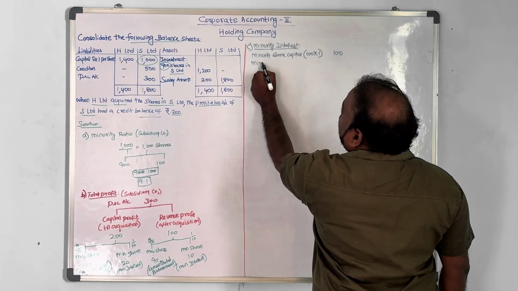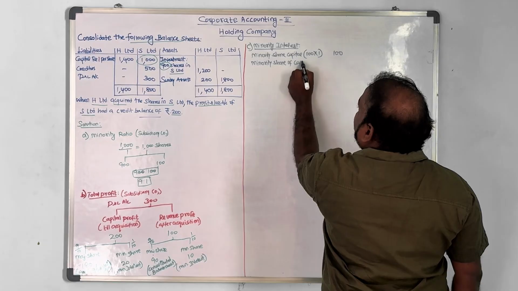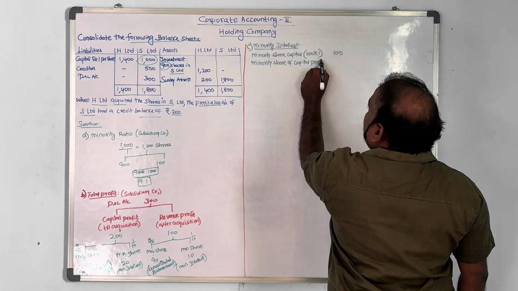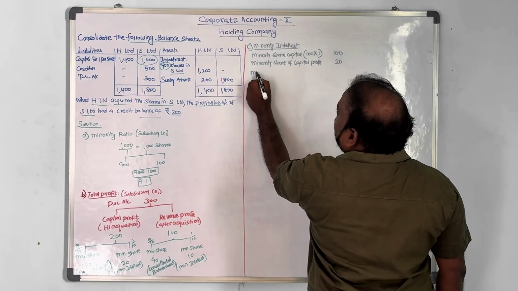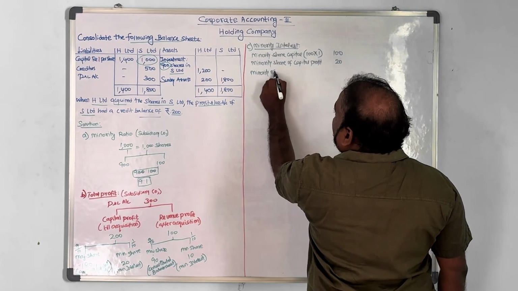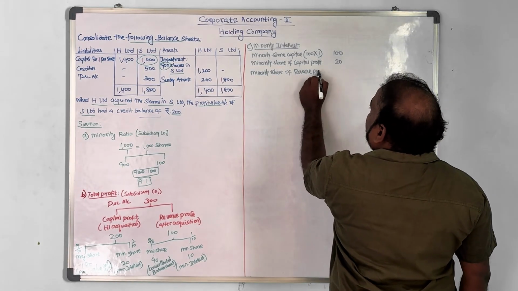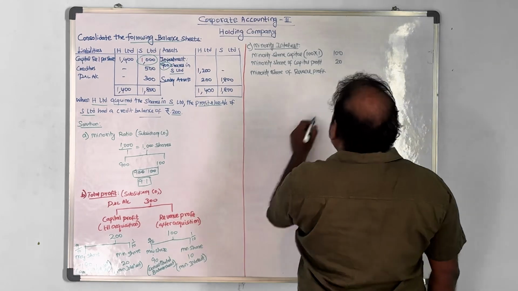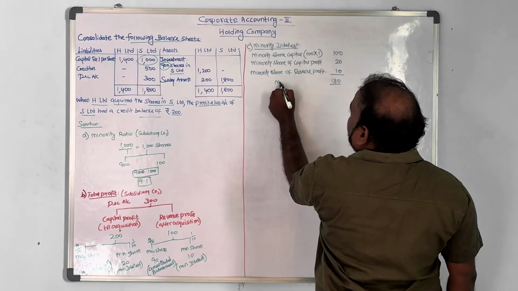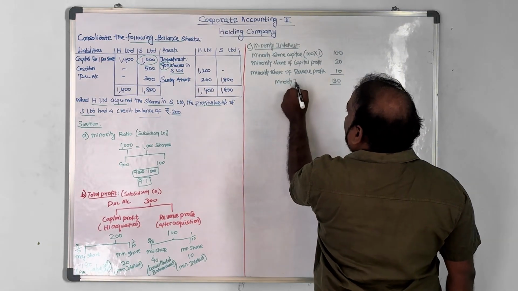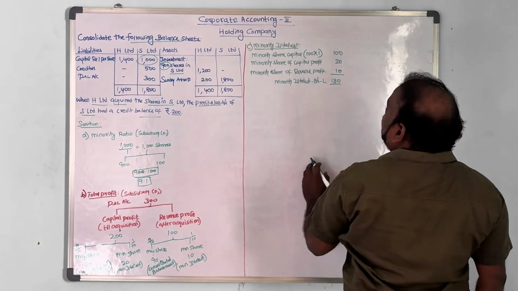Then minority share of capital profit is 20. Then minority share of revenue profit is 10. When you add, you get 130. This is minority interest. This will come in the balance sheet in liabilities.